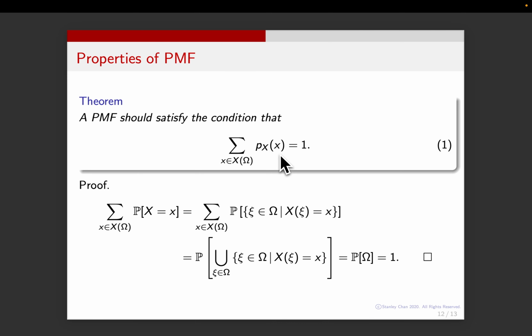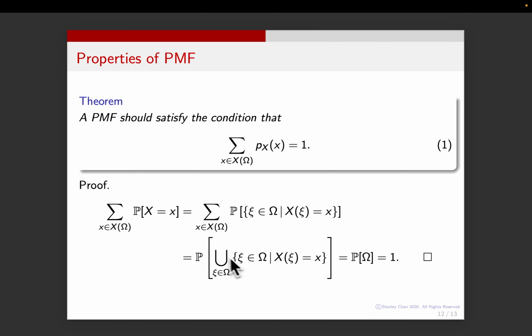And we saw, at least from the previous experiment, it was 1 over 4 plus 1 over 2 plus 1 over 4. So they did indeed sum up to 1. You could actually just express it by going back to what p of X equal to x means. That means you choose an event epsilon belonging to the sample space for which X of epsilon equals small x. That's the definition of p of X equal to x.